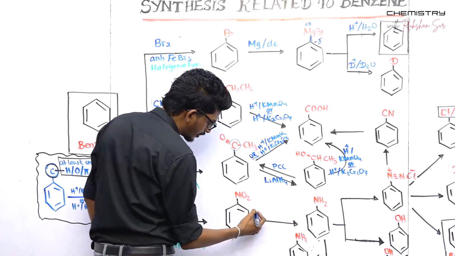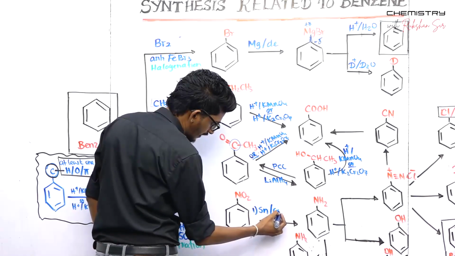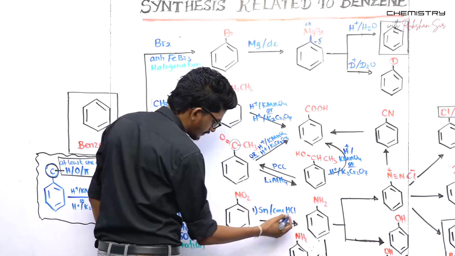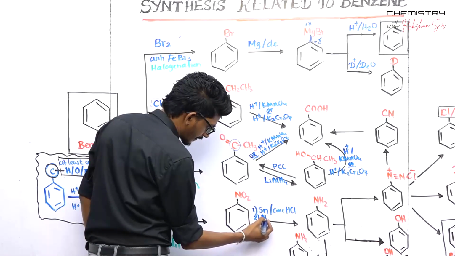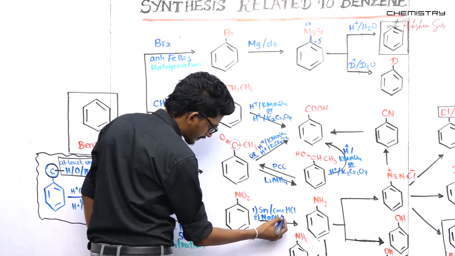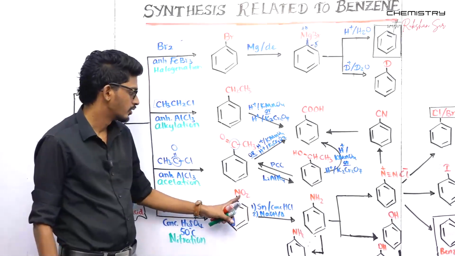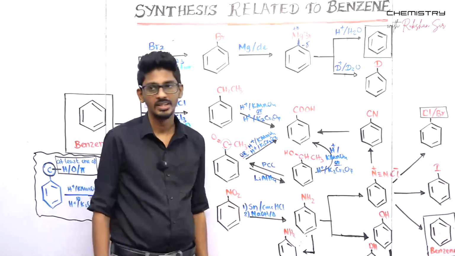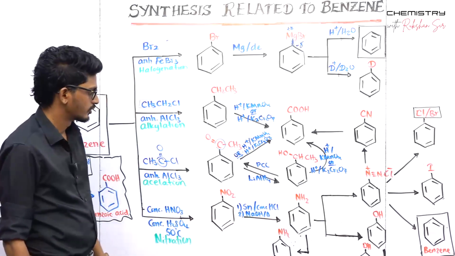Metals are known as good reducing agents, so if you add tin with conc HCl and then NaOH and heating, this NO2 will be converted to the NH2, right?